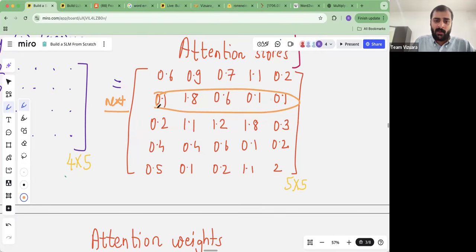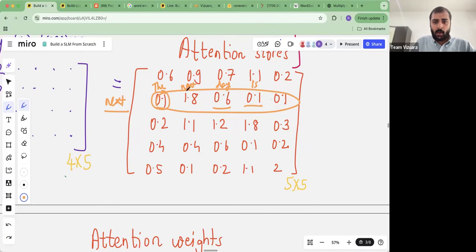So this 0.1 value indicates the attention between next and the. This 1.8 value indicates the attention between next and next. 0.6 indicates the attention between next and day. 0.1 indicates the attention between next and is. And this 0.1 indicates the attention between next and bright.